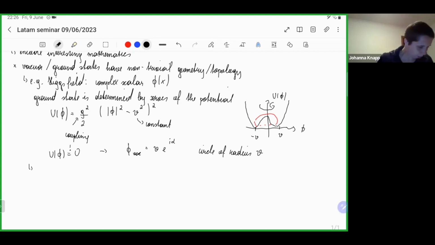All right, so basically the general rule is that we consider more complicated quantum field theories, and usually they will be supersymmetric.